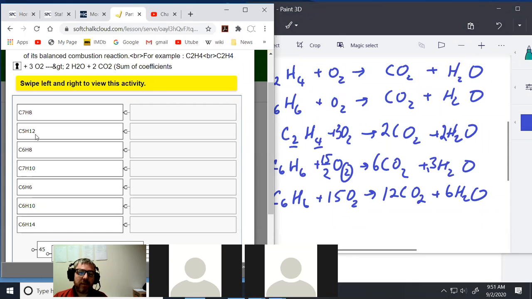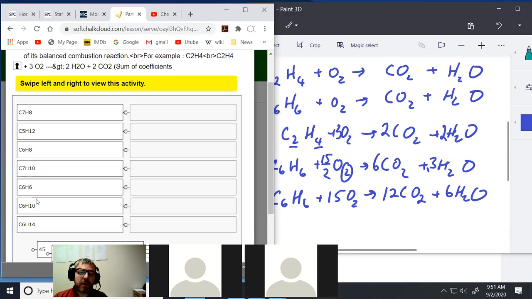What about C5H12? No, because 12 divided by 2 is 6. That's an even number. What about C6H8? No, 8 divided by 2 is 4, so that's an even number. What about C7H10? Yes, because 10 divided by 2 is 5, that's an odd number.